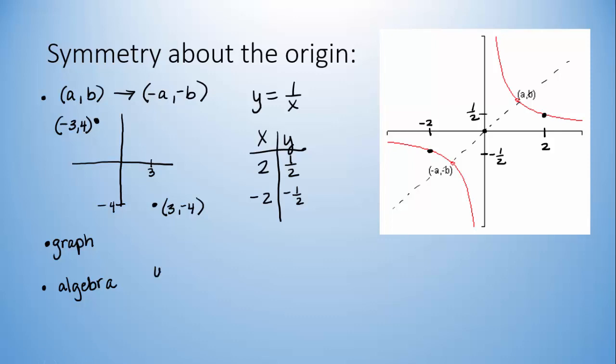So let's say if we have y equals 1 over x, and we do that, we get opposite of y is equal to 1 over opposite of x. Well, that doesn't look the same, but we could just multiply both sides by -1, and then we would return to y equals 1 over x. The original equation comes back.